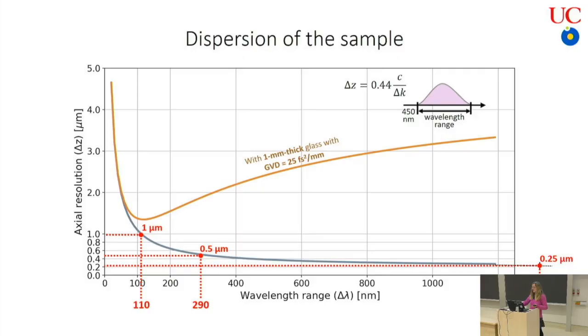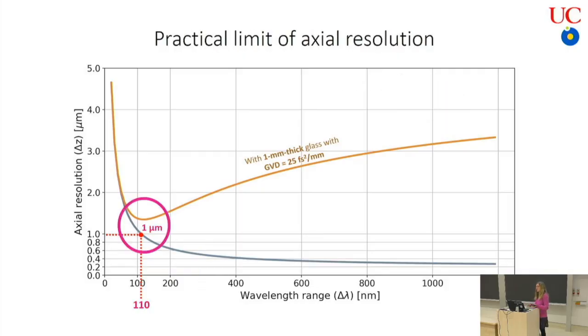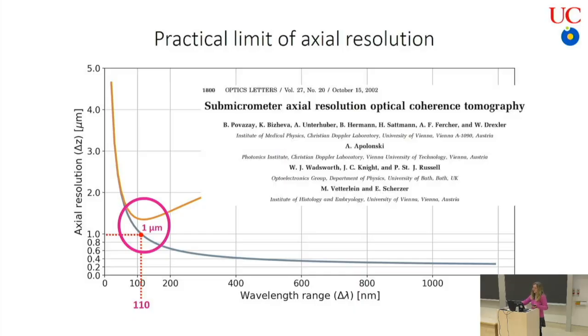And it was established that the practical limit here is around 1 micrometer, and that resolution was already achieved a long time ago, in 2002. So basically at the very beginning of optical coherence tomography as a method.